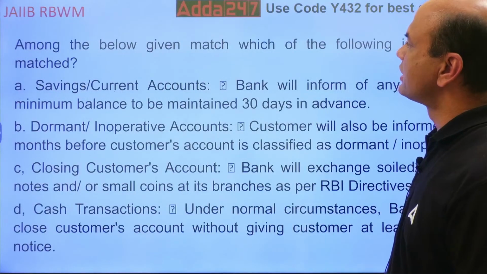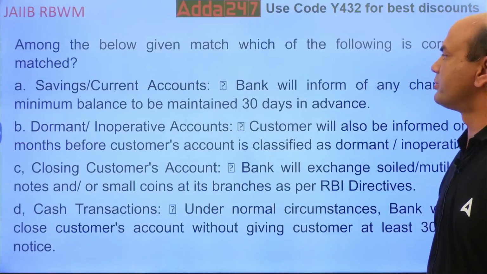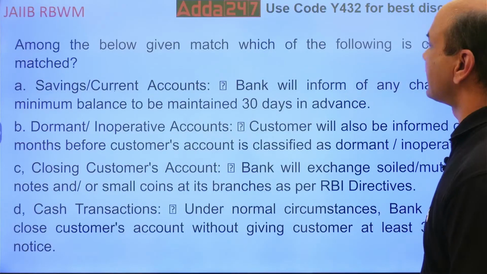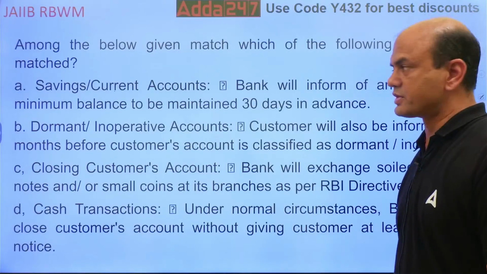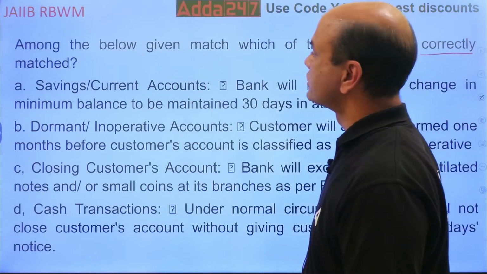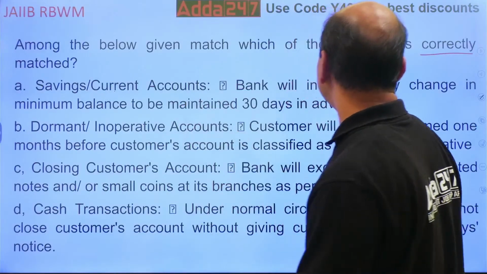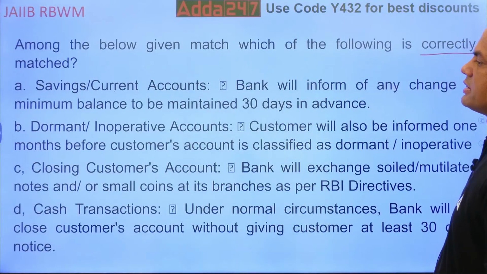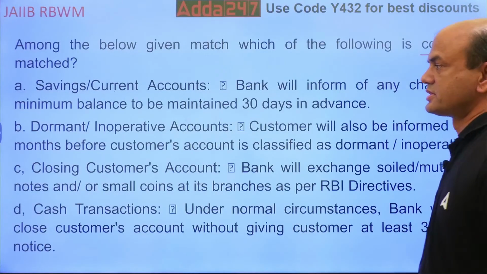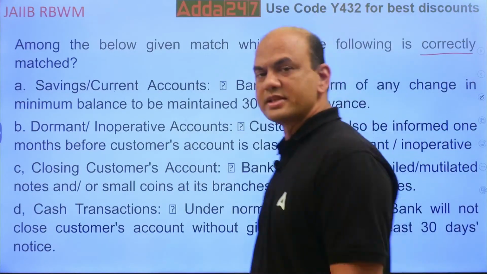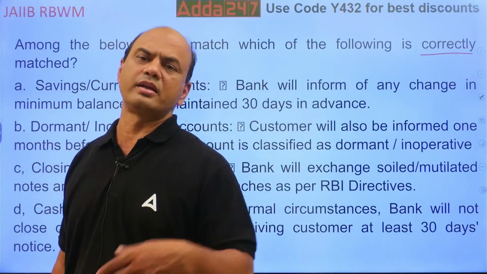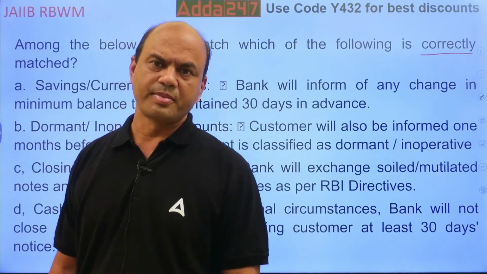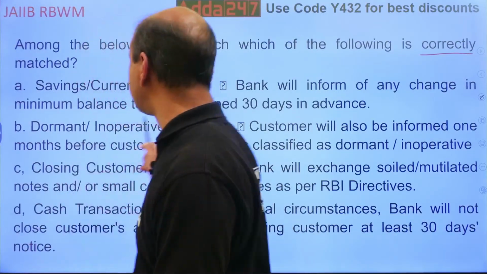Among the below given, which of the following is correctly matched? So you want correctly matched. Saving and current account: bank will inform of any change in minimum balance to be maintained 30 days in advance. So if my bank is changing the minimum balance criteria, let's say earlier it was 5,000, now I am making it 10,000, I must inform the customer 30 days in advance.